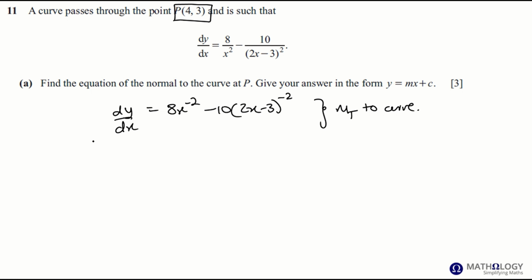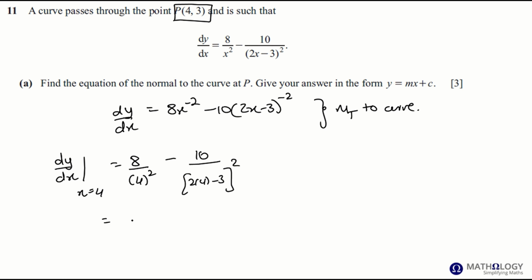dy/dx represents the gradient of a tangent to a curve. So at P, where x equals 4, you're now going to find the gradient of the tangent to the curve. That's going to be 8 over 4 squared minus 10 over (2 times 4 minus 3) squared. 8 over 16 is a half, minus 10 over (8 minus 3) is 5 squared is 25.